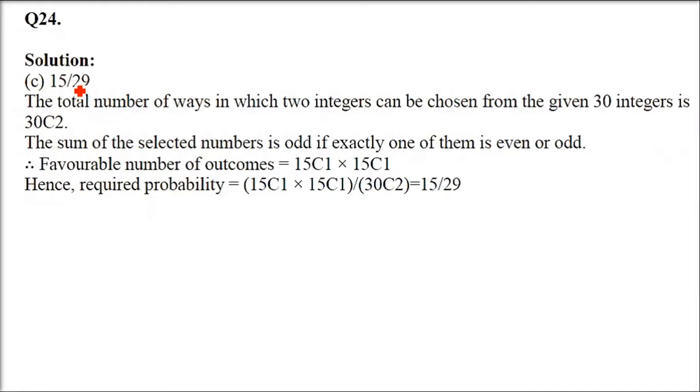Question number 24. Out of 30 consecutive integers, 2 are chosen at random. The probability that their sum is odd. So again, it is not given what the integers are, but we are just assuming them to be 1 to 30.